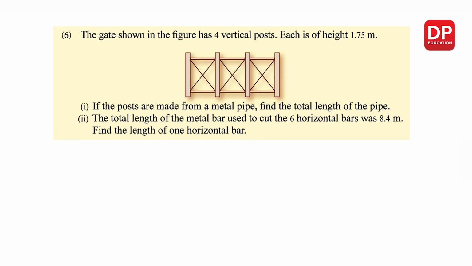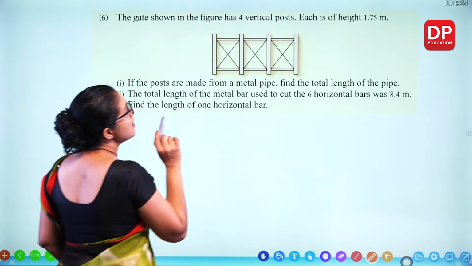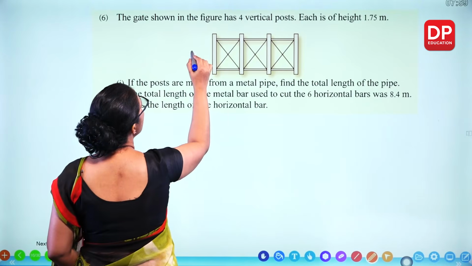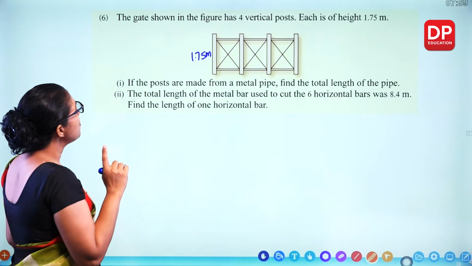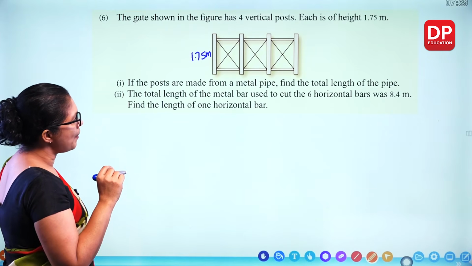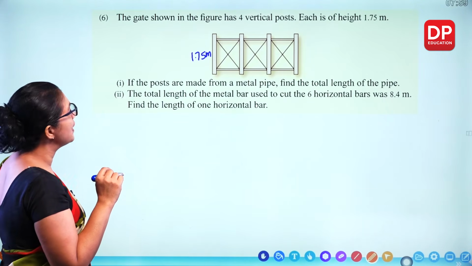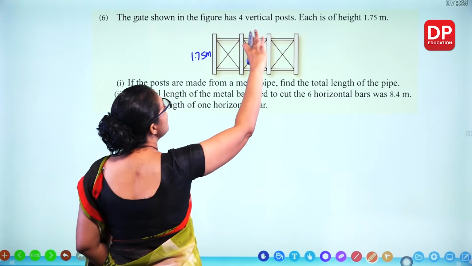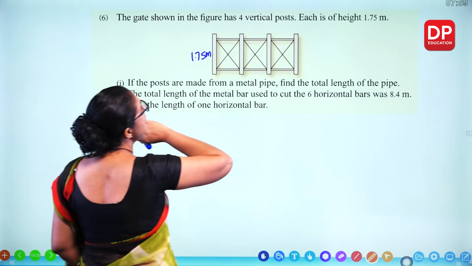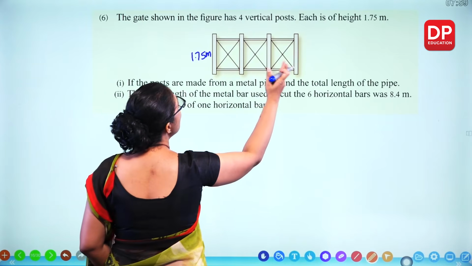Question number 6. The gate shown in the figure has 4 vertical posts. These 4. Each is of height 1.75 meters. If the posts are made from a metal pipe, find the total length of the pipe. So that means how many posts do we need? Vertical posts 1, 2, 3, 4.